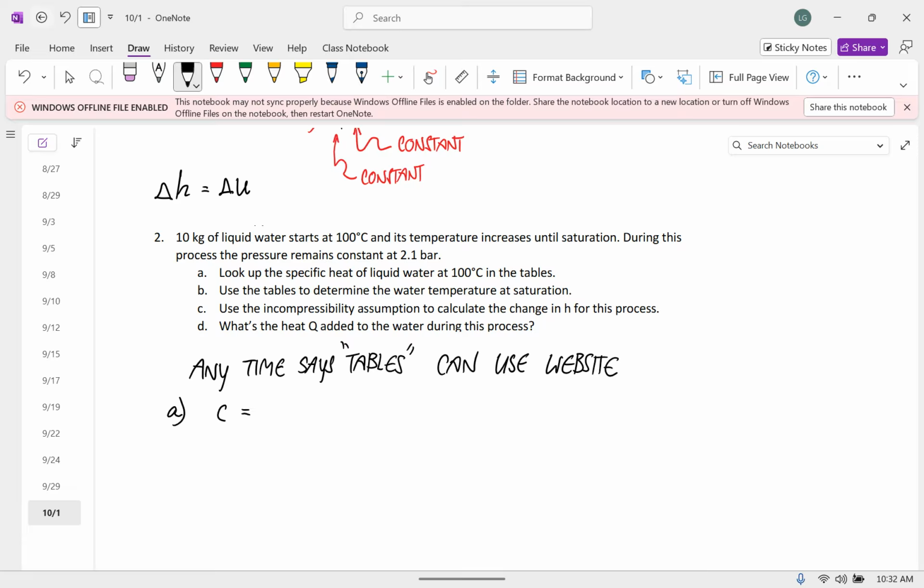No, it does not matter. It really only varies with temperature. So 4220, and this is in joules per kilogram Kelvin.